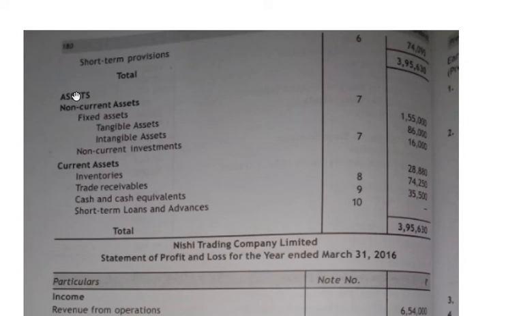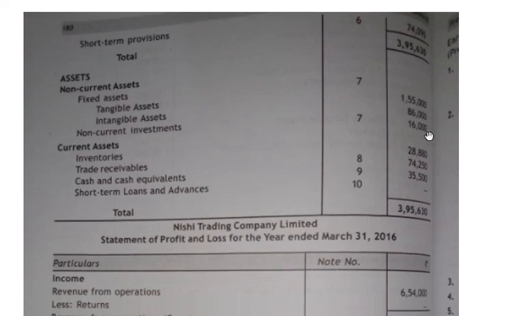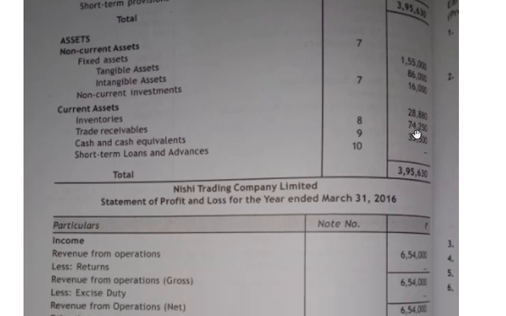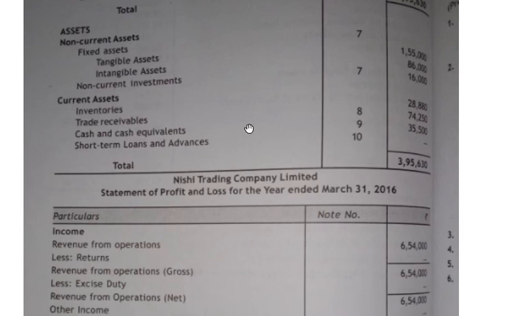So in total you get 3,95,630. Moving on to our asset side, non current asset, we have a fixed asset, working note number 7, which is tangible asset 1,55,000, intangible asset 86,000. Non-current investment, working note number 7, which is 16,000. Current asset, inventories, we do not have a working note, 28,880.